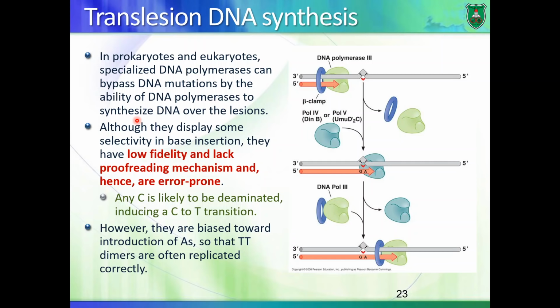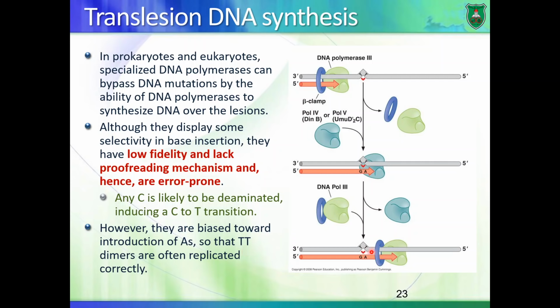Especially since DNA polymerase 4 and DNA polymerase 5 do not have a proofreading mechanism, this mechanism is error prone. It is associated with a high rate of DNA mutations. So it's good, we've continued DNA synthesis. It's bad, we've created even more mutations. But you know what's good as well? There is a bias towards introduction of A's rather than anything else whenever there are pyrimidine dimers.